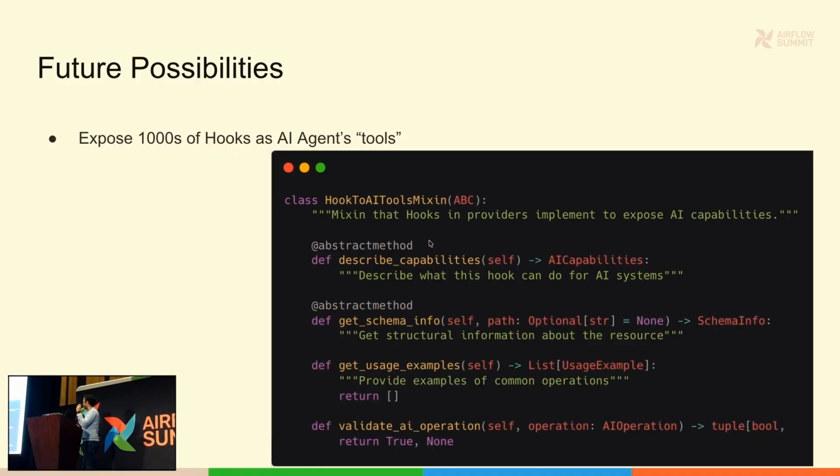This is something that I was thinking. You can validate AI operations. So if I can get this mixin with all the existing hooks, like DB API hooks and Slack and whatnot, then it opens up a possibility of using AI with any of these hooks. Wild idea, but might work, should work.